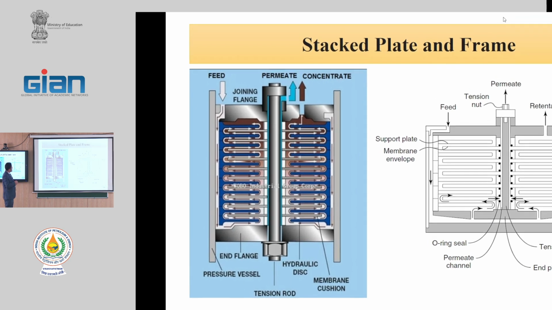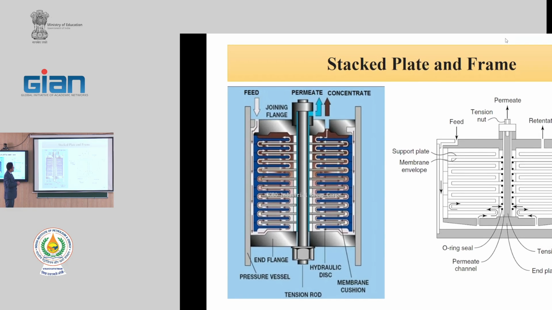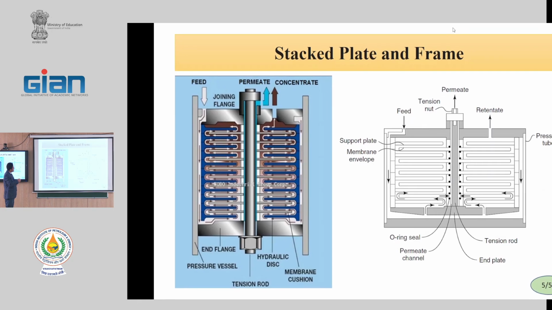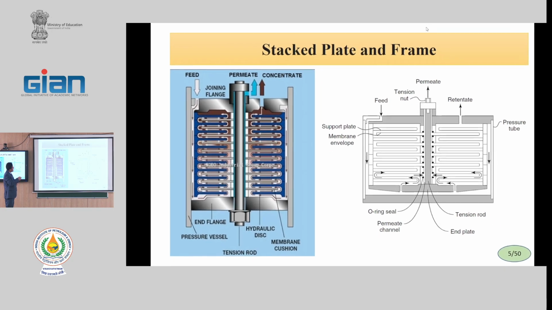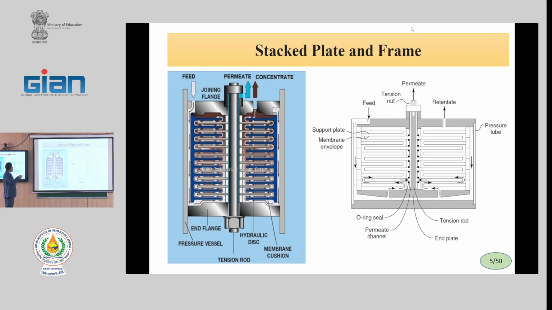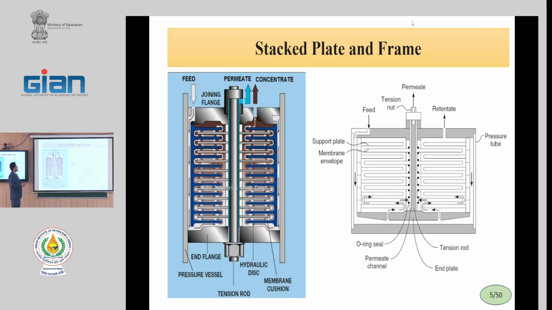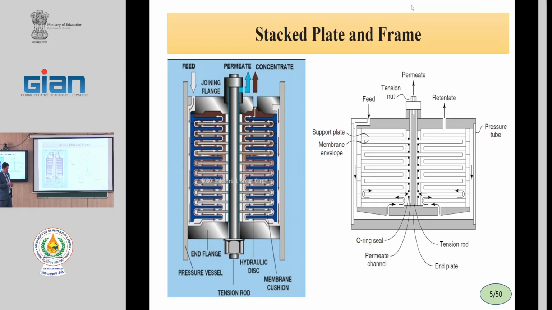You see, the feed comes and every passed permeate is collected in this central tube. You see the permeate, and after finishing this route, the concentrate goes out from the membrane module. There are other designs that I do not have time to discuss.